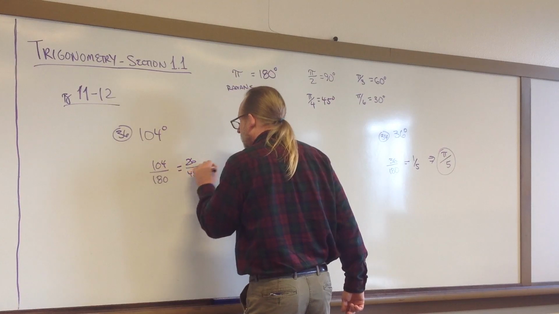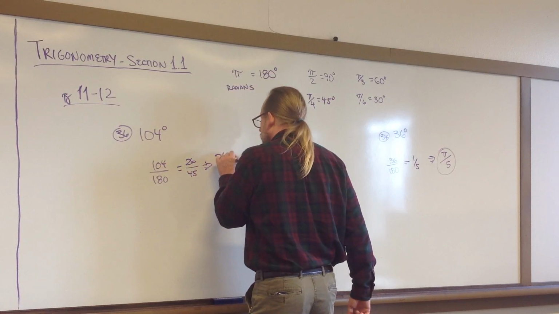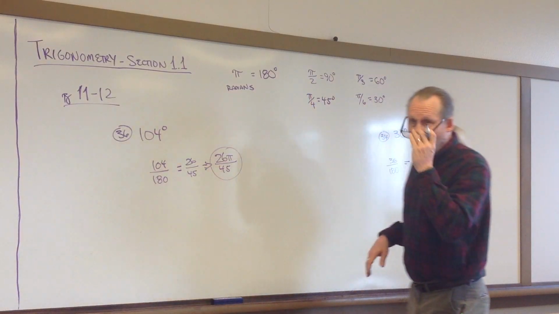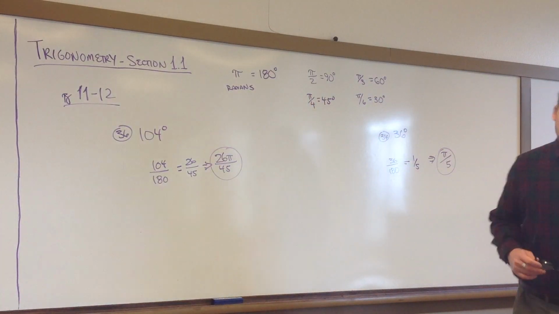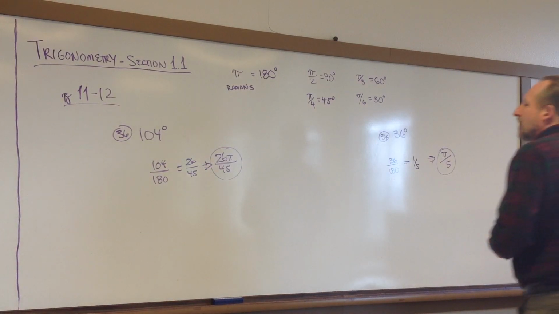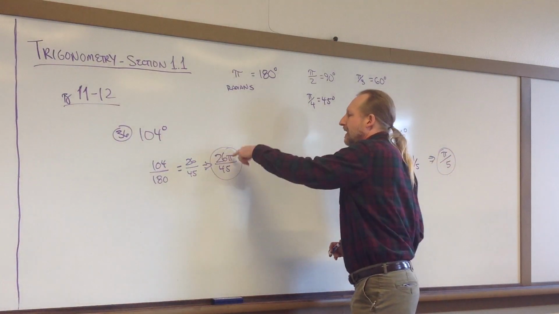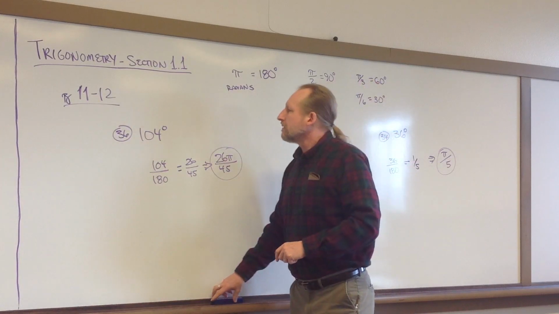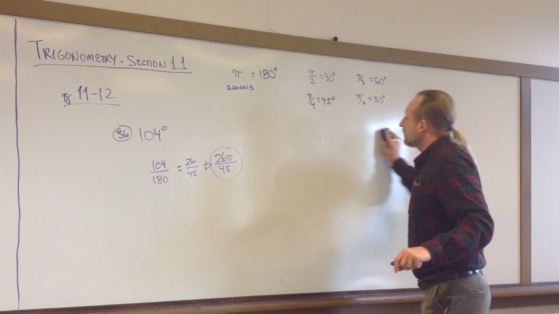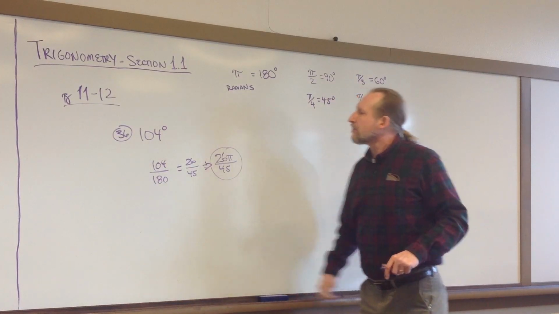Nothing very exciting. So this is 26 pi over 45 radians. At that point, expressing it as a multiple of pi is not really that big a deal. We could just multiply this times pi and get some approximate decimal representation in radians for that angle.